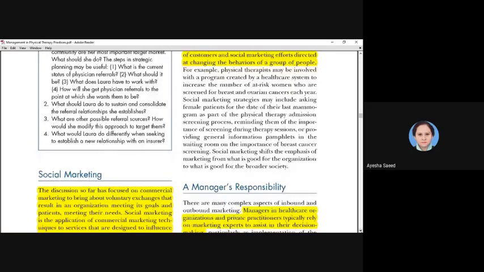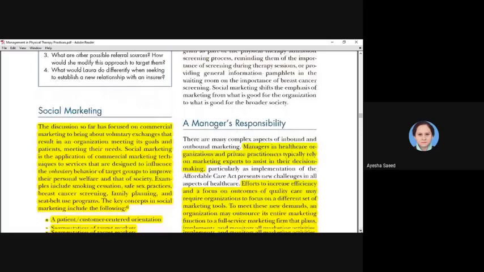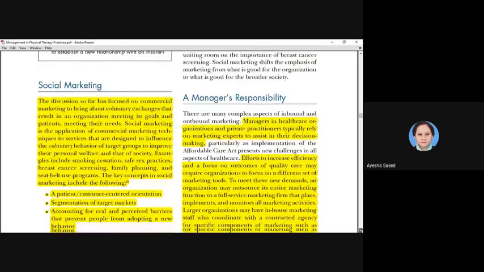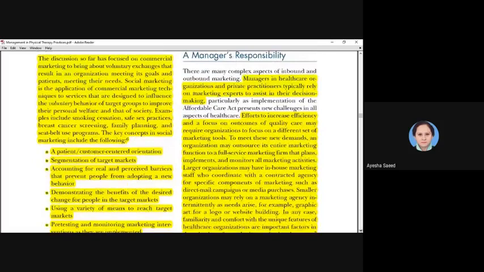And what are the managerial responsibilities in improving the marketing of their organization or their practice? Managers in healthcare organizations and private practitioners typically rely on marketing experts to assist their decision making.